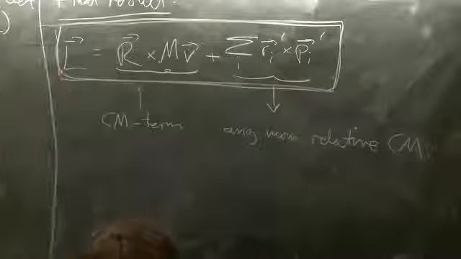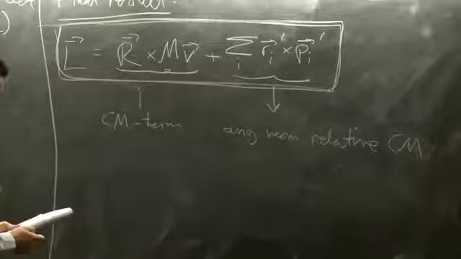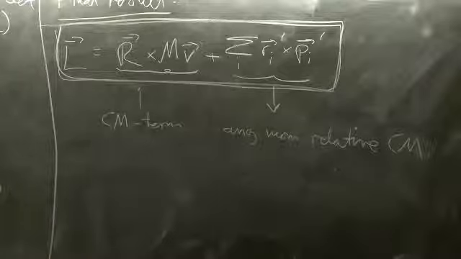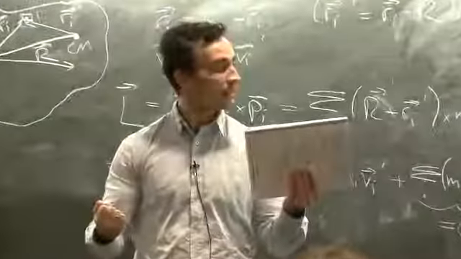So the last term actually describes the angular momentum relative to the center of mass. Okay, so let's try to visualize this physically. Let's say my hand here is the origin of the coordinate system. This is the system with all the particles.